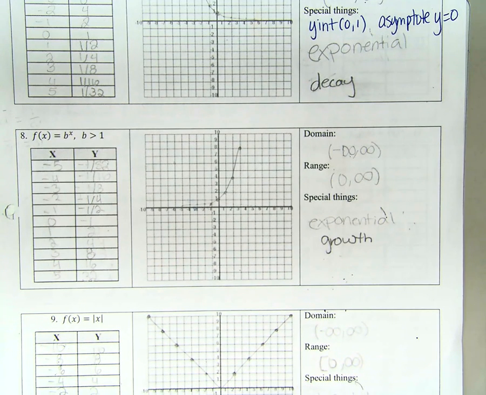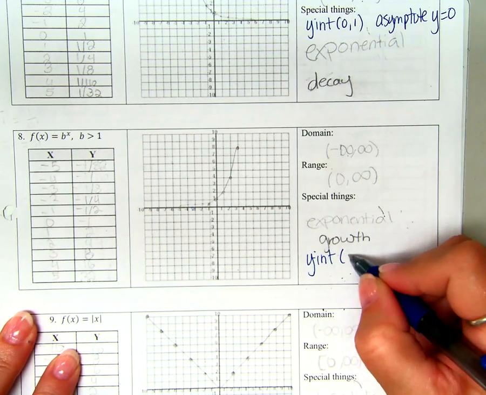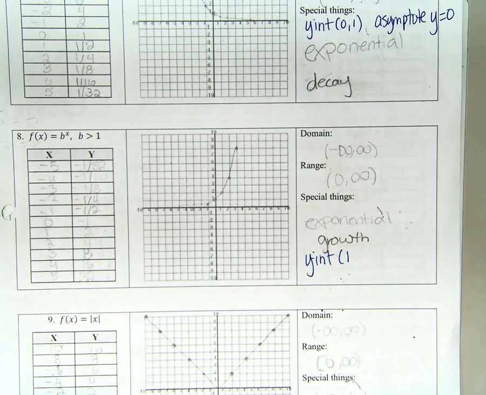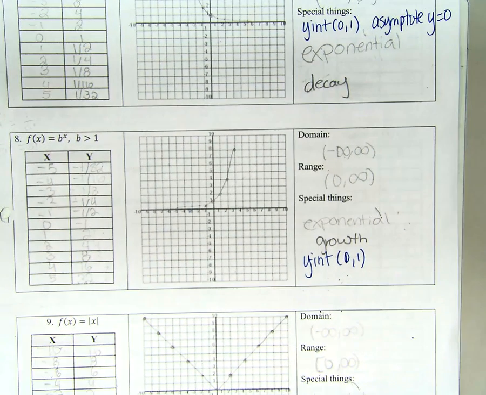How about 8? So there's another y-intercept, right? Where's my y-intercept? My y-intercept is at 1? Like that? Oh, 0, 1. Okay. 0, 1. X-intercept?